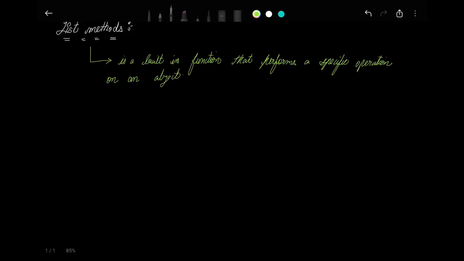Lists have their own special methods. These methods help us perform common tasks like adding, removing, sorting or reversing elements. So today we will look at each method specifically. The first method that we have is append method.